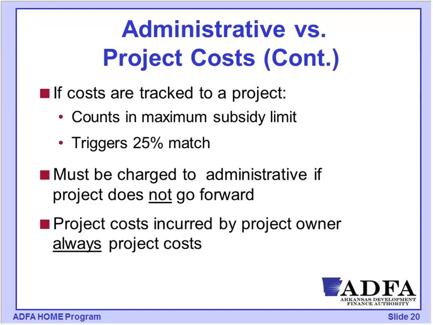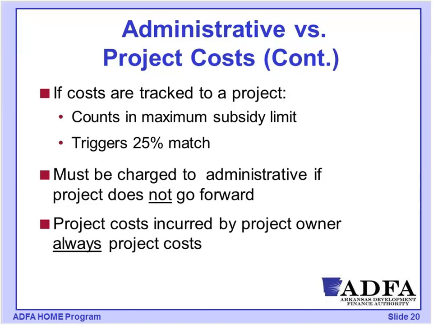For a lot of our projects, we tend to be quite a ways below what the actual federal maximum subsidy limit is, so that may not be an issue, but it is something that does apply. Also keep in mind, and we'll be talking about this in a later chapter, the federal requirements for match.